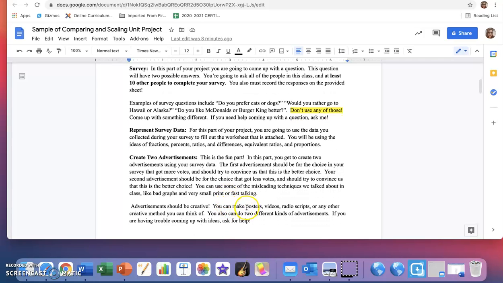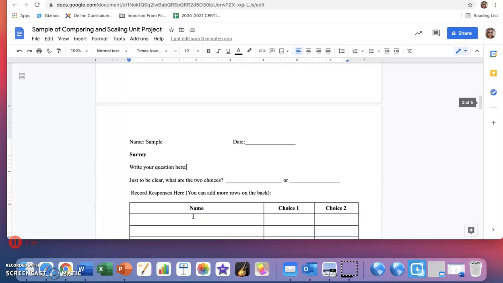And you could make a poster, you can make a video, a radio script, or any other creative methods that you could think of. And you can also do 2 different types of advertisements. You could do one that's a radio and then the other one that's a video. One that's a poster, whatever it is your creativity. But again, if you're having trouble coming up with ideas, just ask me. Okay?